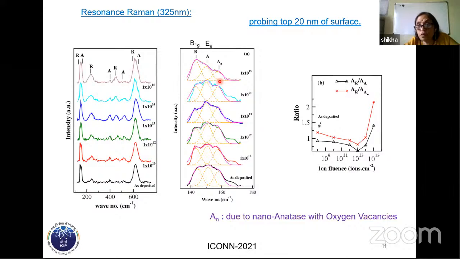As I told you, oxygen has gone out, so some vacancies have stayed back. This is the anatase portion coming from the oxygen vacancies. And again, when we plot AR, the rutile area divided by the anatase area, we see that overall it increases beyond a certain point, around 13, and we are seeing the phase transition. So anatase gets converted into rutile.